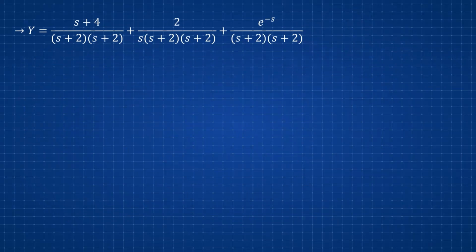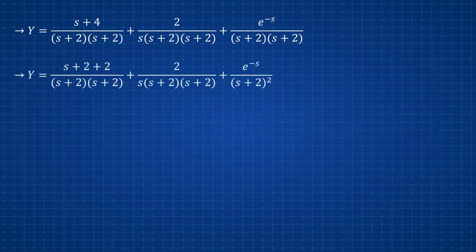So to begin, you can see that the first term, s plus 4, is over s plus 2, s plus 2. So one way to simplify that is to break up that 4 into 2 plus 2. So we have s plus 2 plus 2. And because there's a sum at the top, we can break that sum into separate fractions.